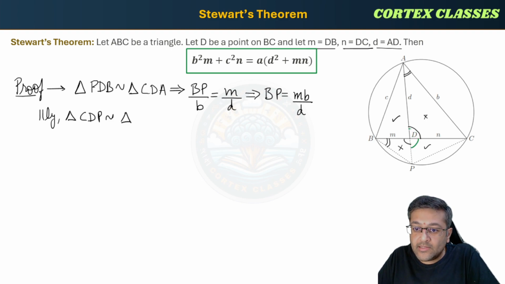So this angle is equal to vertically opposite, and this angle is equal to this angle, right? Angles subtended by the same chord, same method बिल्कुल guys. So if you are writing CDP, then in that triangle it should be ADB, according to the nomenclature.